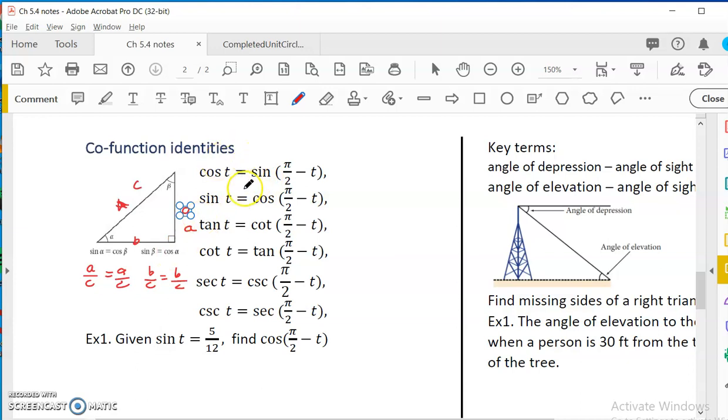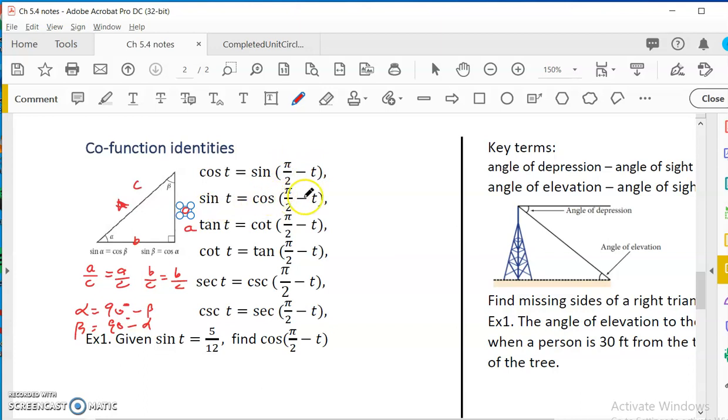So we have this special cofunction identity. What is the relationship between alpha and beta? Alpha is equal to 90 degrees, or pi over 2, minus beta, and beta is 90 degrees minus alpha. So cosine t is equal to sine of the other angle in a right triangle, which is pi over 2 minus t.